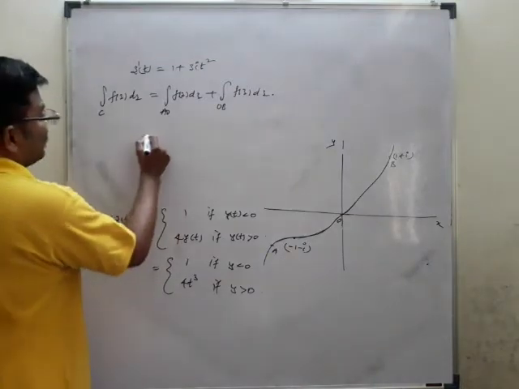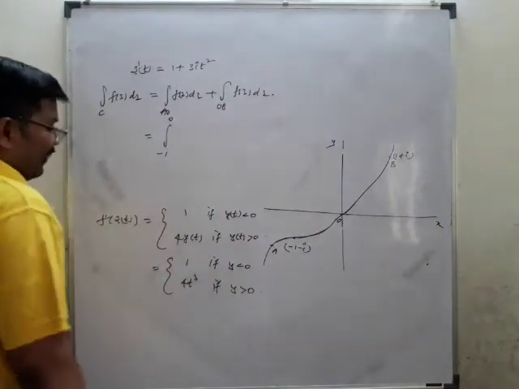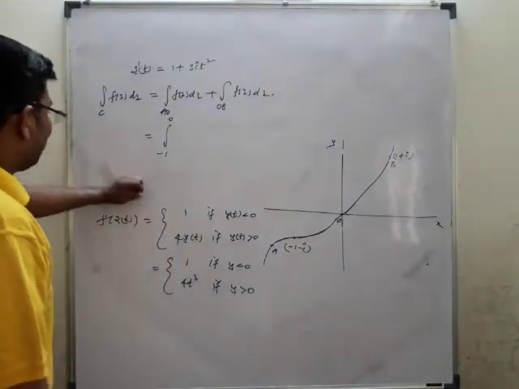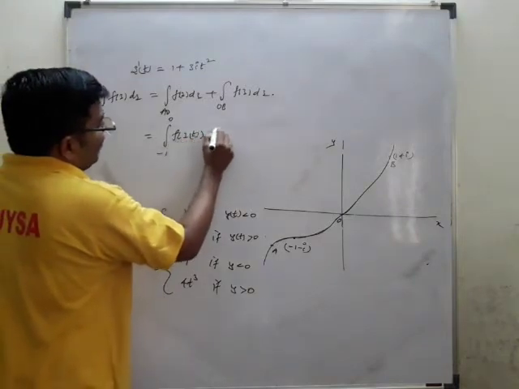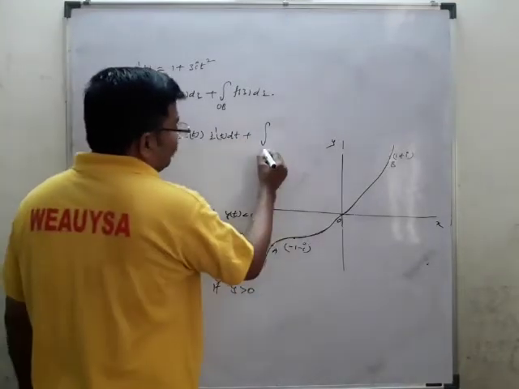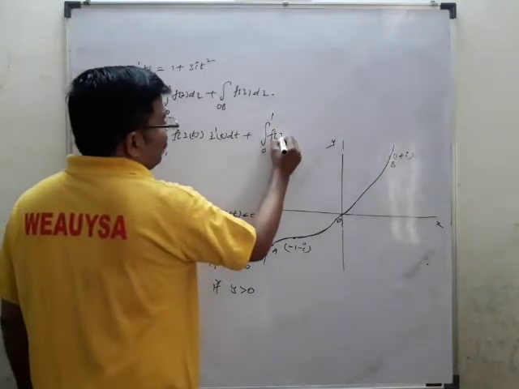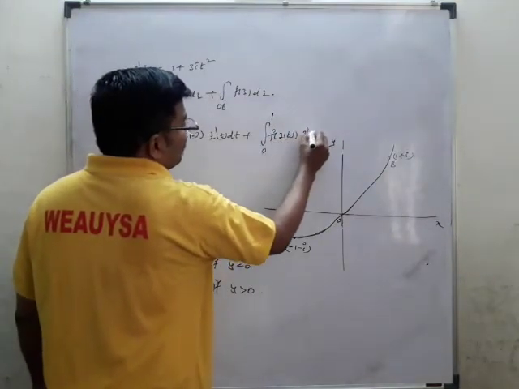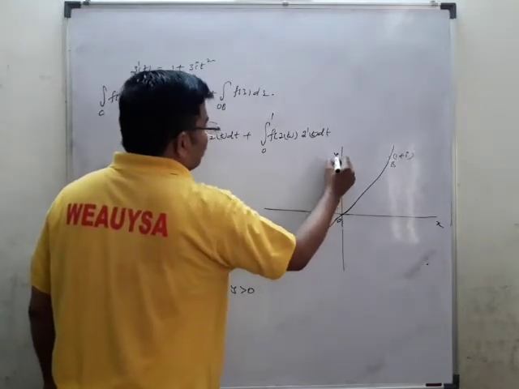Now this is from minus 1 to 0, f(z(t)) z'(t) dt, plus again from 0 to 1, also f(z(t)) z'(t) dt. This is how we got it, right?